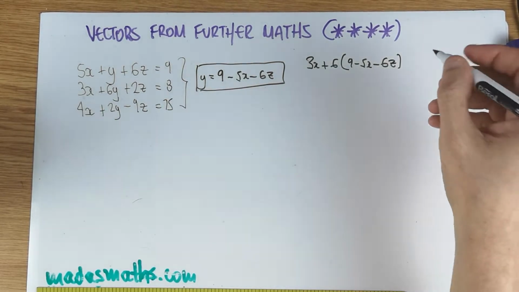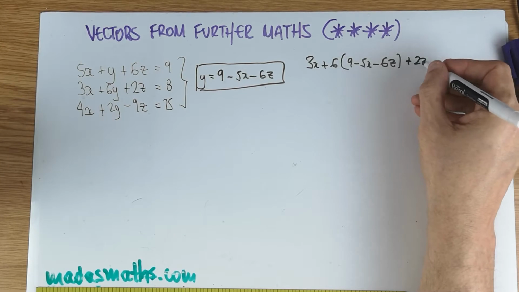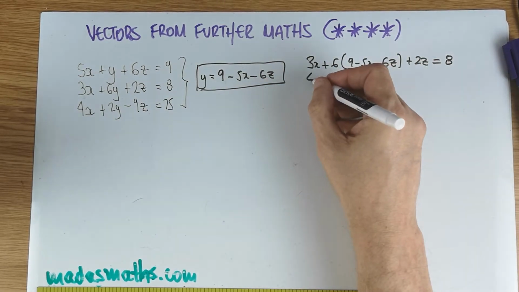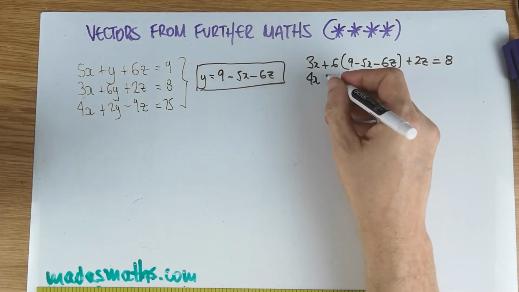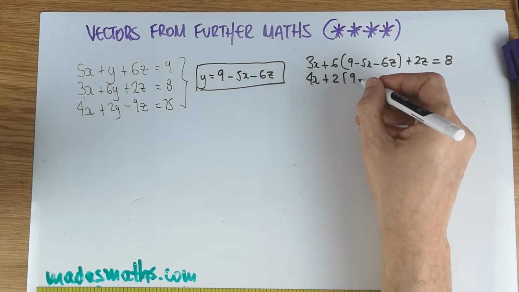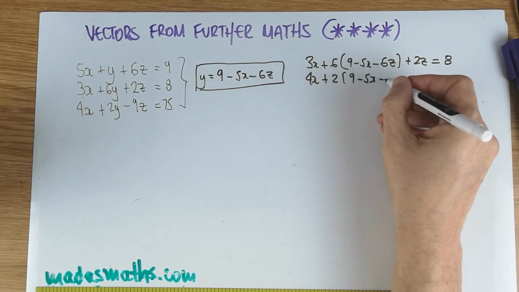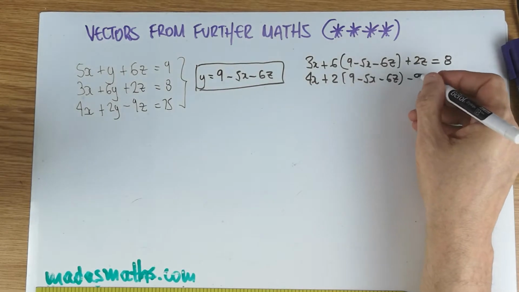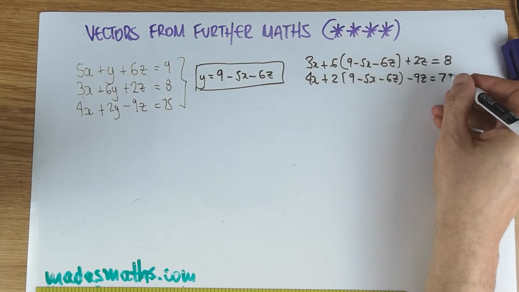Yes, it is actually tedious, but if you make a mistake, it can cost you more time than going slowly and recording all the workings from the beginning. Then 4x plus 2y minus 9z is equal to 75.